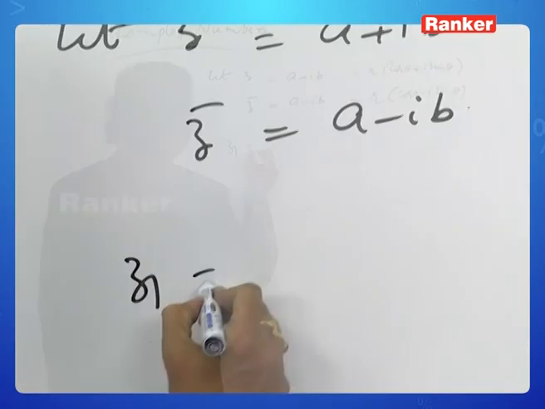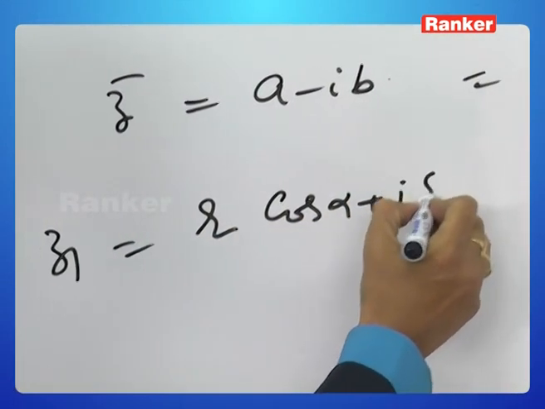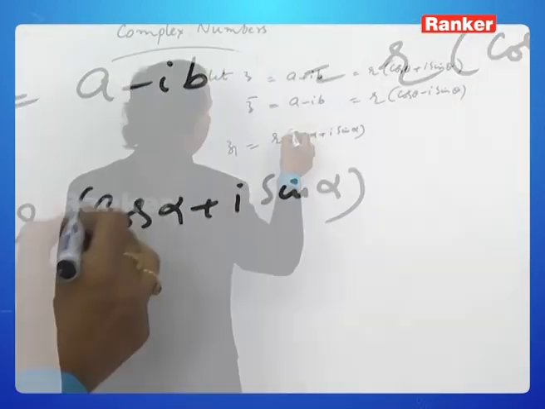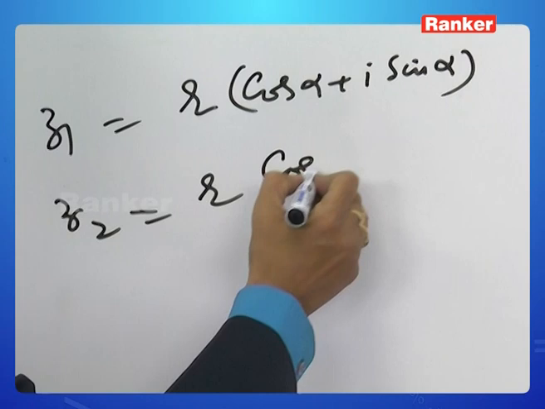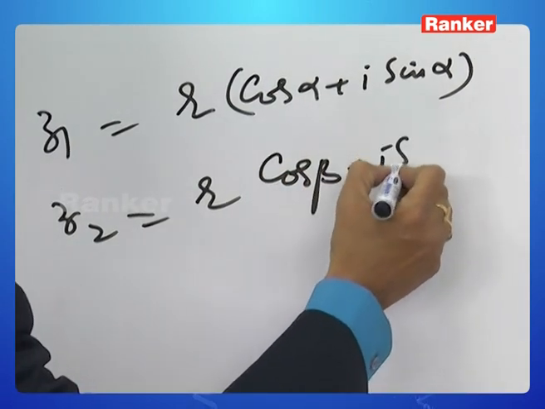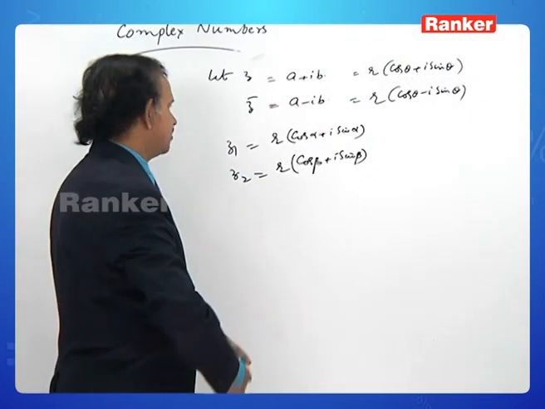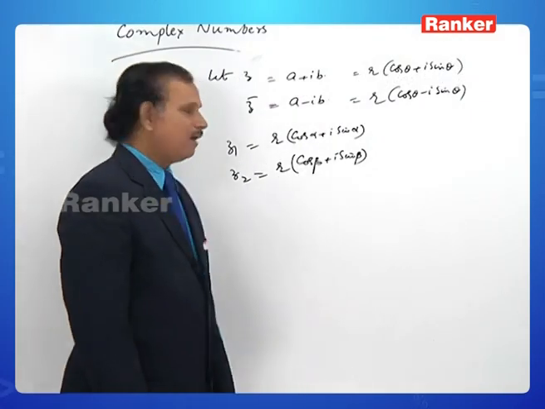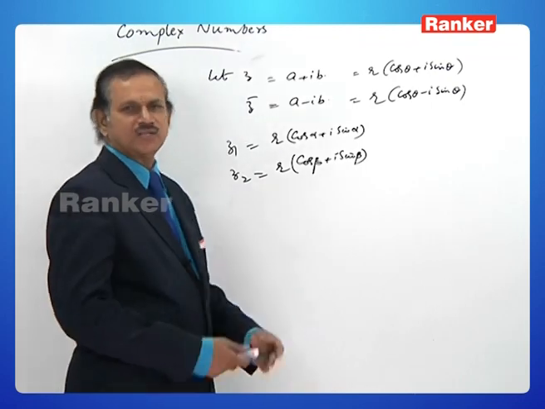One more thing. Suppose z1 is equal to r1 into cos alpha plus I sin alpha. Z2 is equal to r2 into cos beta plus I sin beta. We see that amplitude of Z1 is alpha and amplitude of Z2 is beta.